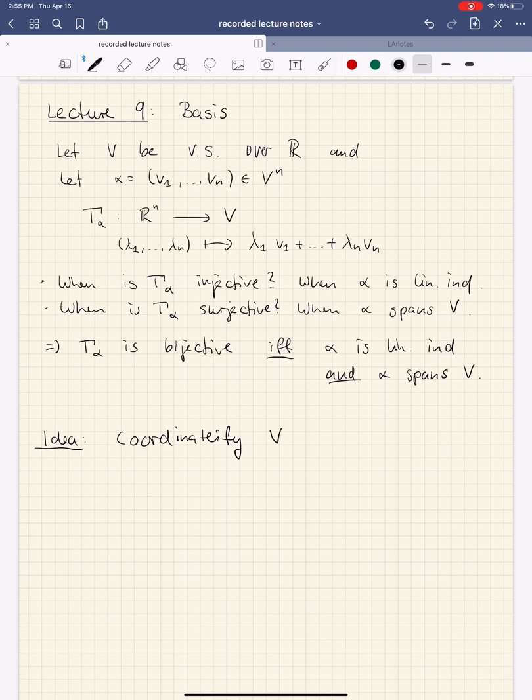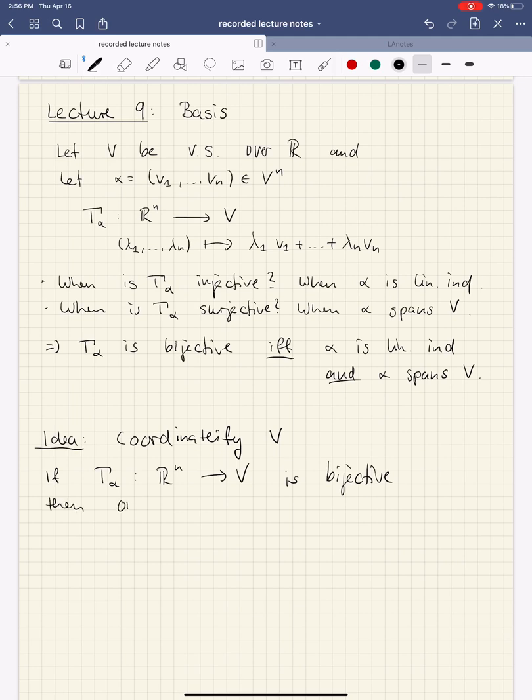Coordinateify V, yeah? So what does that mean? Okay, so if gamma alpha from R to the n to V is bijective, then I can somewhat identify one element of V with one element of R to the n.